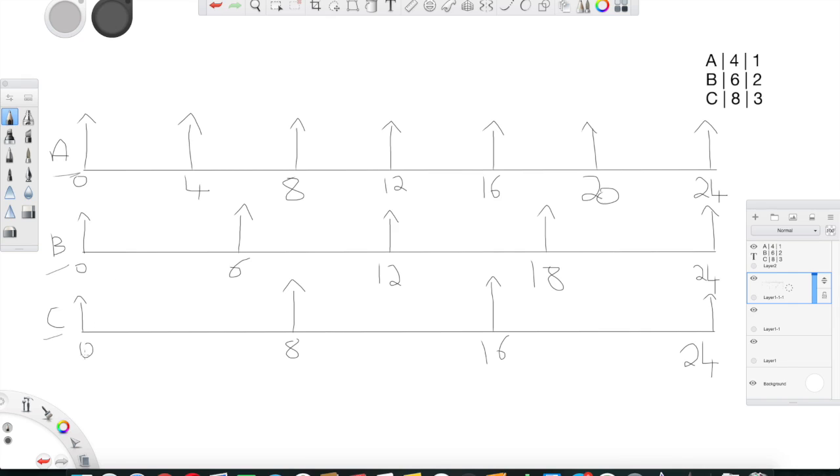So initially at time 0, we had 3 tasks in the system, A, B, and C, or 1, 2, and 3. Okay? So we will check the deadline of each task. The deadline of task A is at 4, the deadline of task B is at 6, and the deadline of task C is at 8. So which task will run first?